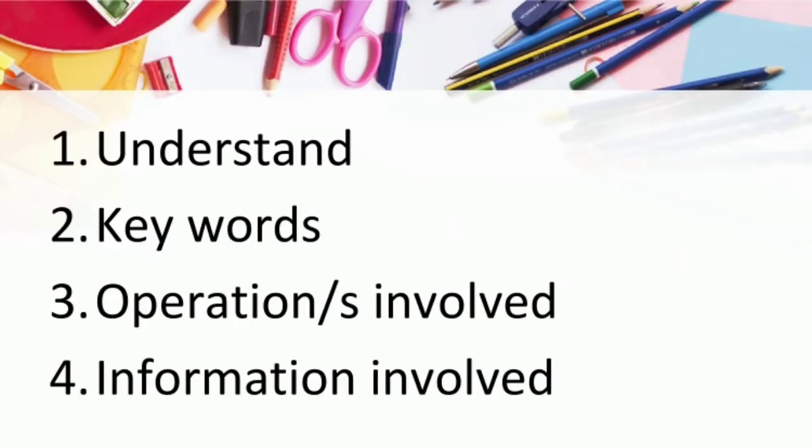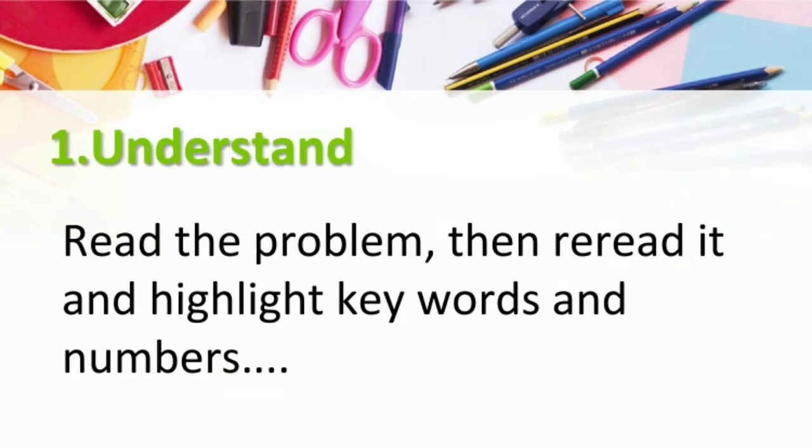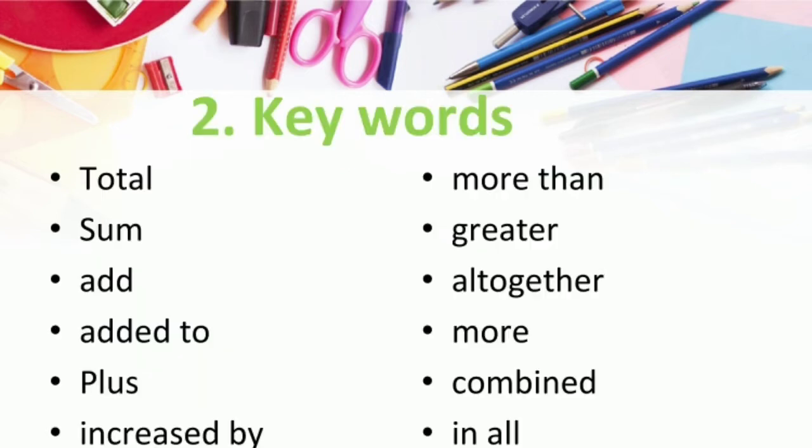Here you can see first one is understand, second is keywords, third is operation involved, fourth is information involved. First is understand. Read the problem, then reread it and highlight keywords and numbers. Second trick is keywords. Every word problem contains clue words as to which operation needs to be performed.